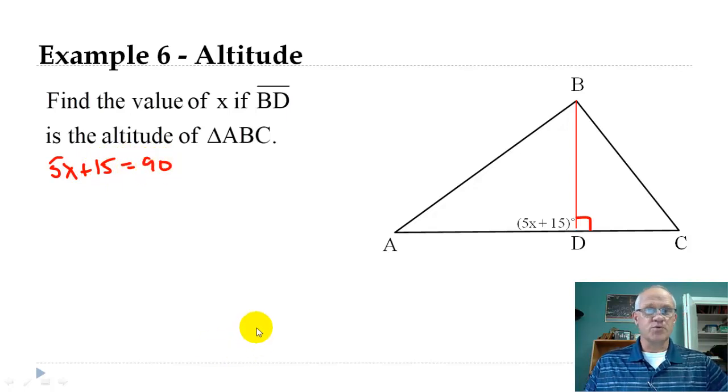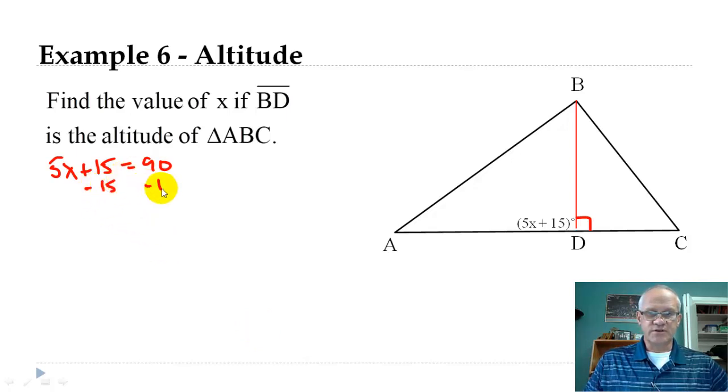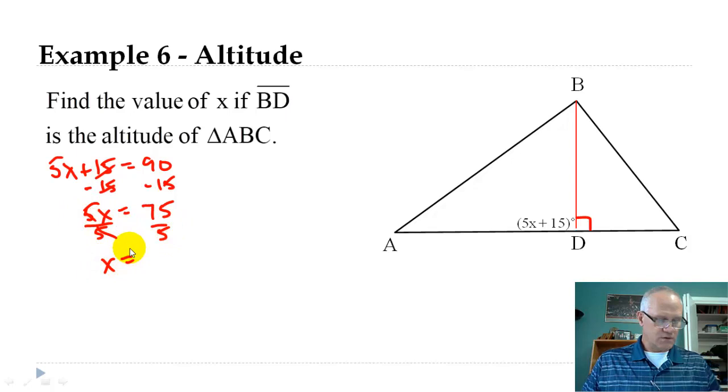Kind of like what we did with the perpendicular bisector before, same thing. And so we just subtract 15. 5x equals 75, and then divide by 5. And that would give me 15.